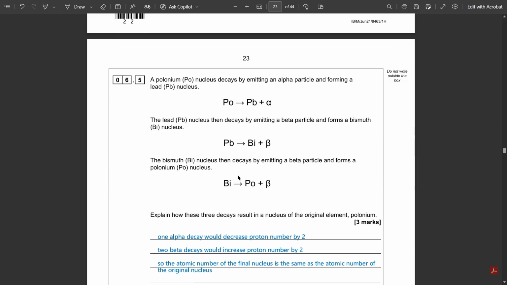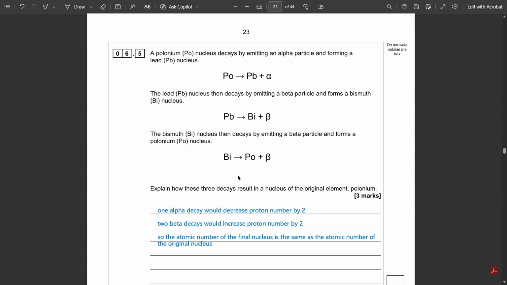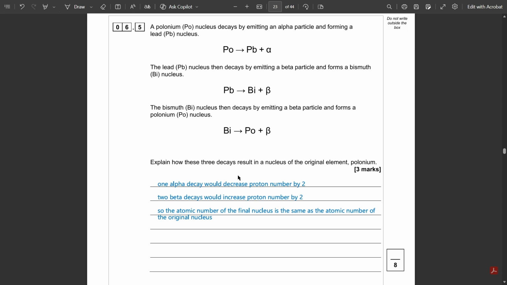A polonium nucleus decays by emitting an alpha particle and forming a lead nucleus. The lead nucleus then decays by emitting a beta particle and forms a bismuth nucleus. The bismuth nucleus then decays by emitting a beta particle and forms a polonium nucleus.